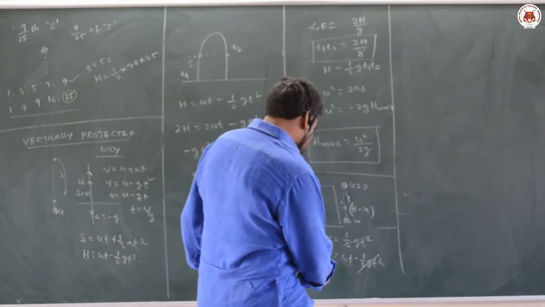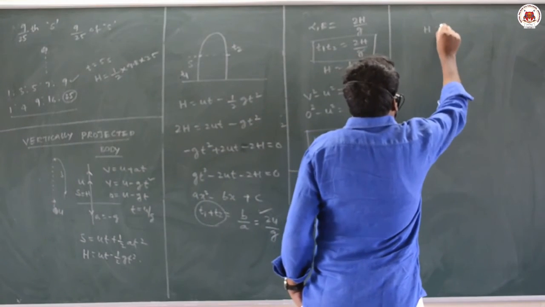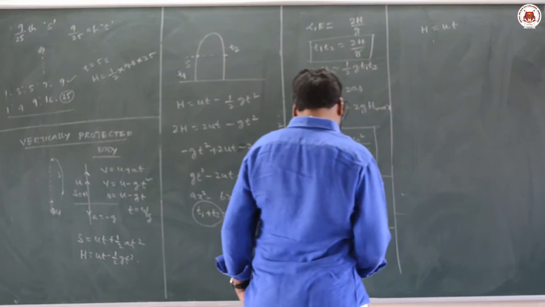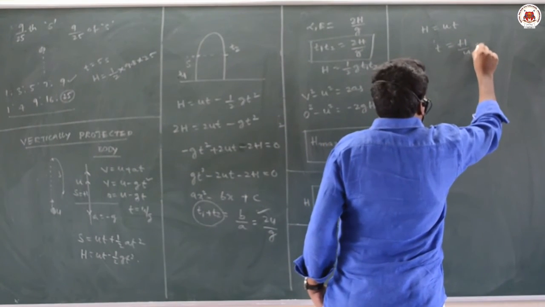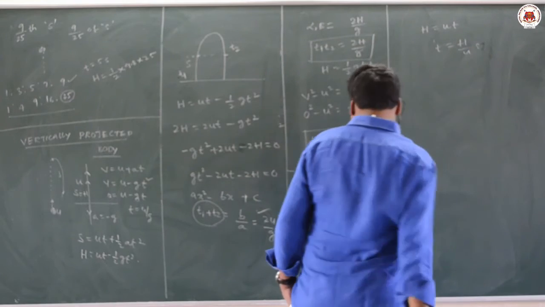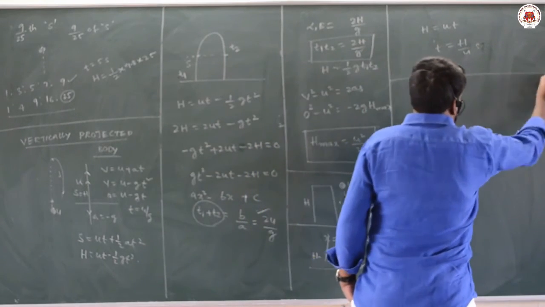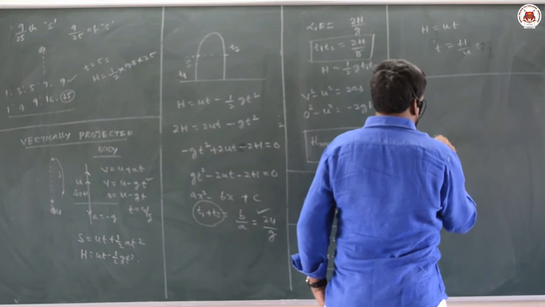Add the two equations, x and x will get cancelled, then h is equal to ut. So they meet after h by u seconds. They are going to meet after h by u seconds. And based on a vertically projected body, we can solve a question.